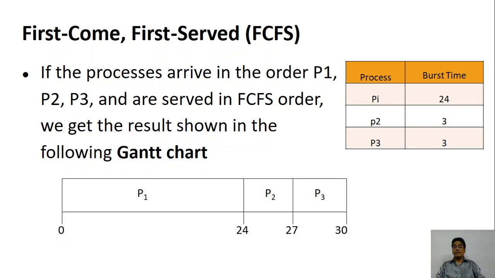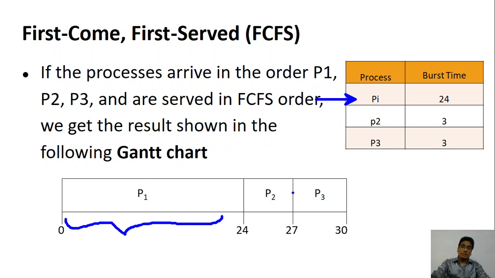If you draw a Gantt chart, you will notice that because process 1 came first into the CPU, it will be served first. It takes 24 milliseconds to complete its task, so from 0 to 24 the CPU will be occupied by process 1.